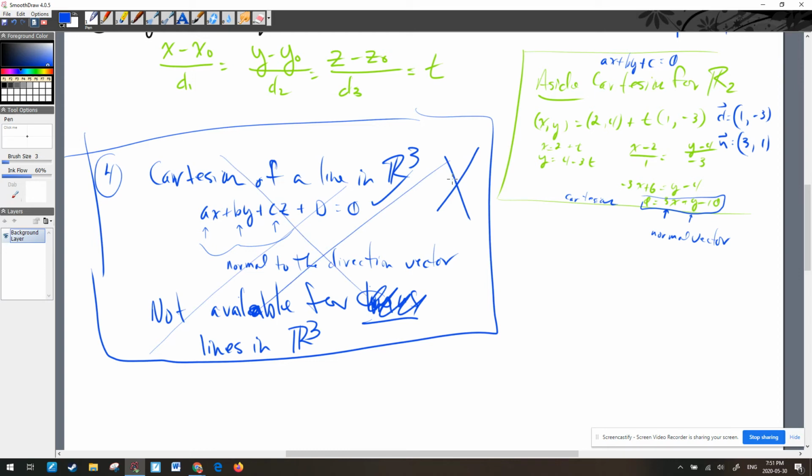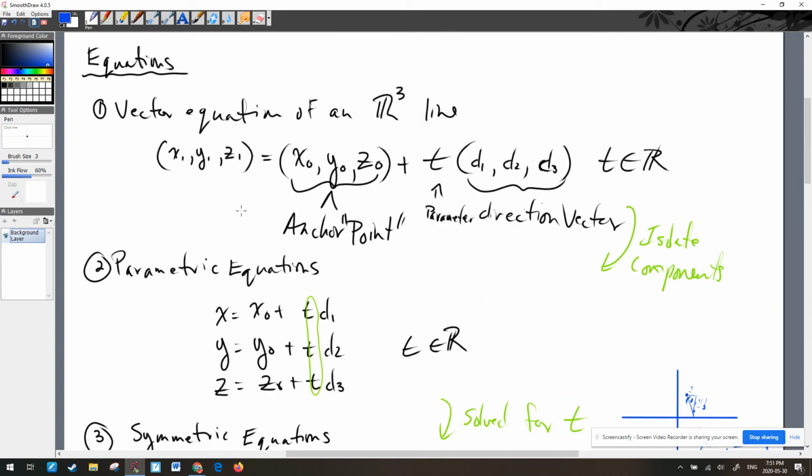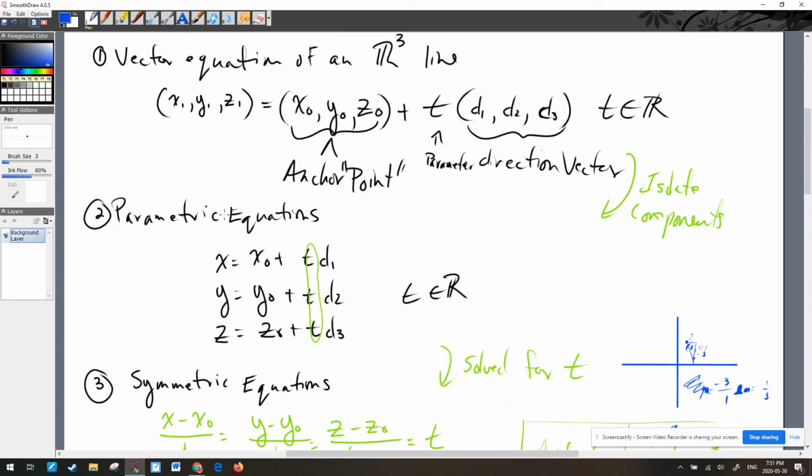It just doesn't happen. But as a hint, this is actually going to be the Cartesian equation of a plane in R3, but we're not quite there yet. That's for tomorrow. So these are each of the different forms that a line in R3 can be represented as.